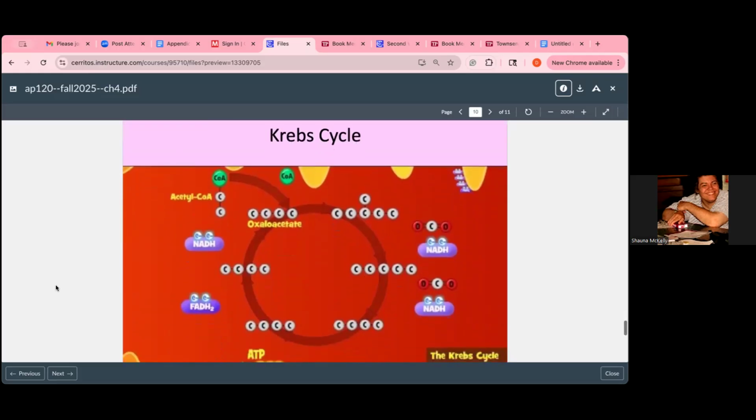The Krebs cycle, this is what the Krebs cycle looks like in a slide. So you have all these carbon molecules floating around, okay? You have NADH and FADH2 that are created.